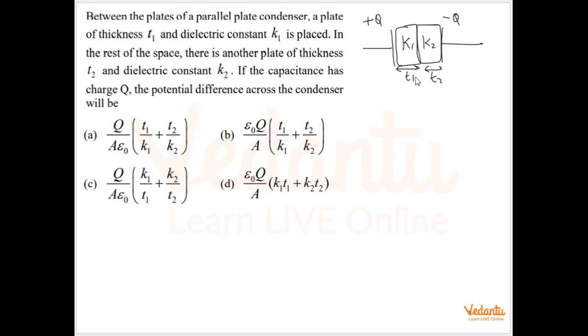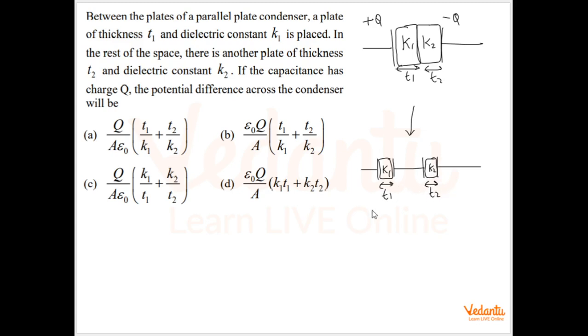So first of all, we will find out the equivalent capacitance. We can think of it as two capacitors in series, C1 and C2. C1 having dielectric constant K1, thickness T1. C2 having dielectric constant K2, thickness T2.